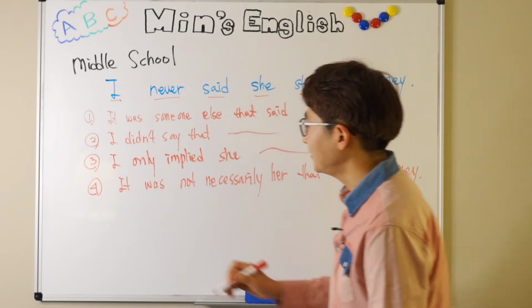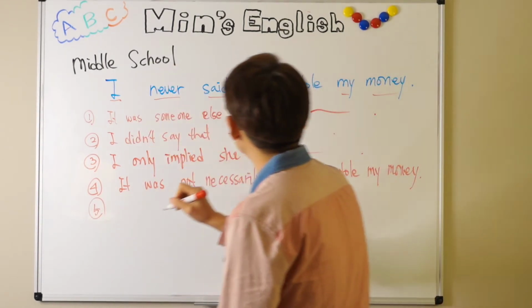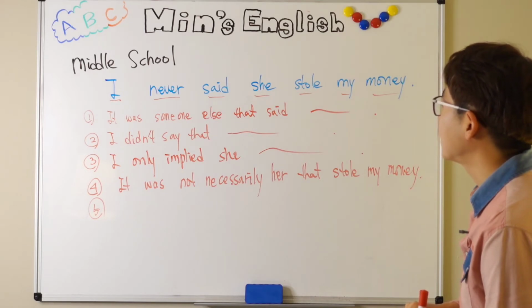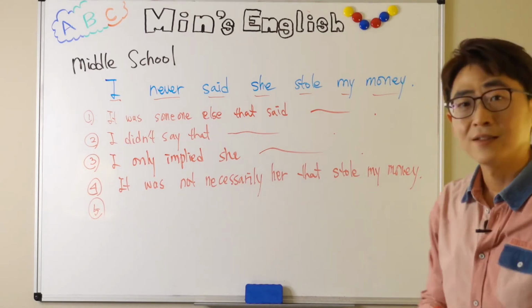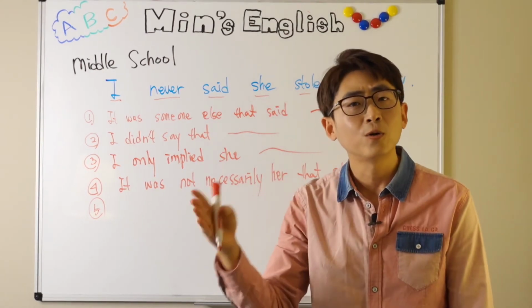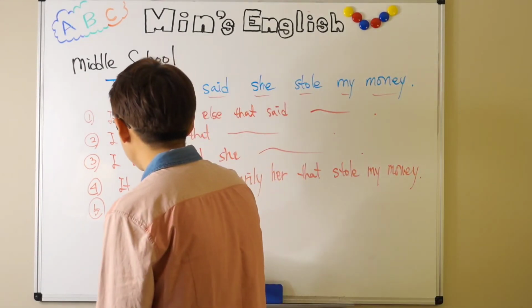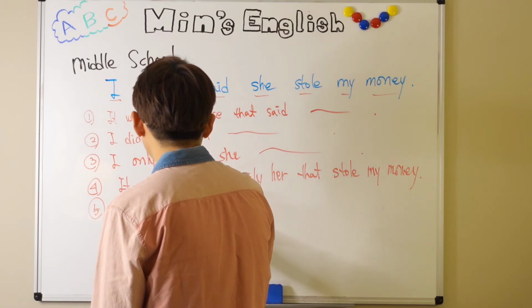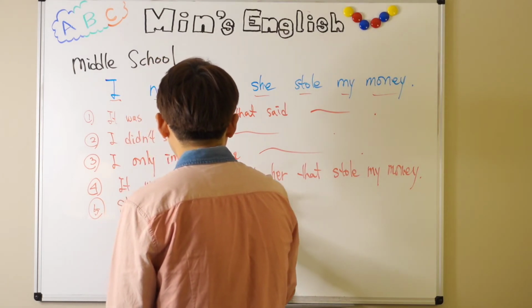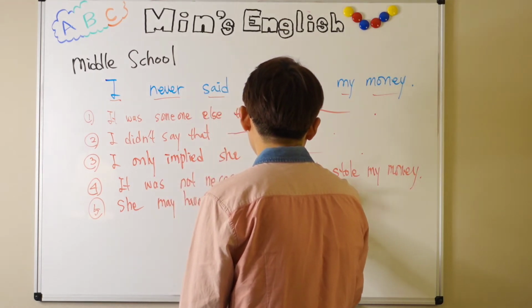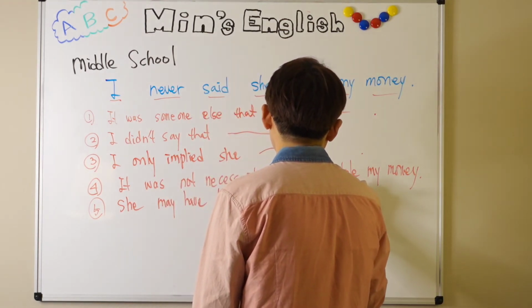Okay? Next one. When you put emphasis on this one, I never said she stole my money. Okay? It becomes a whole new different meaning. It means she may have borrowed from me.